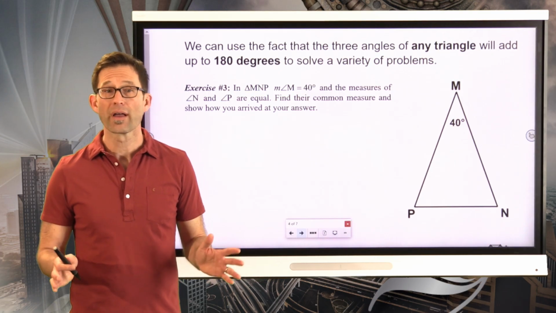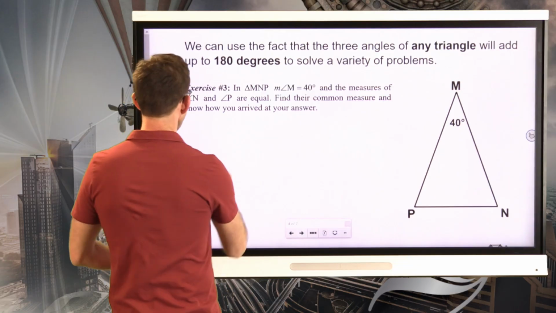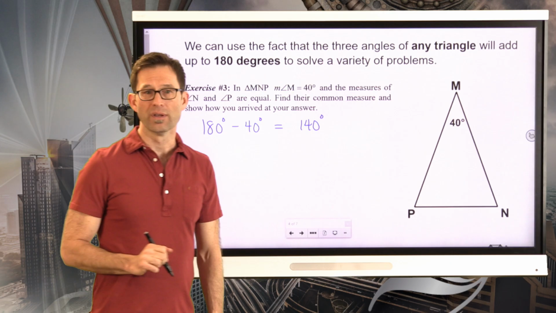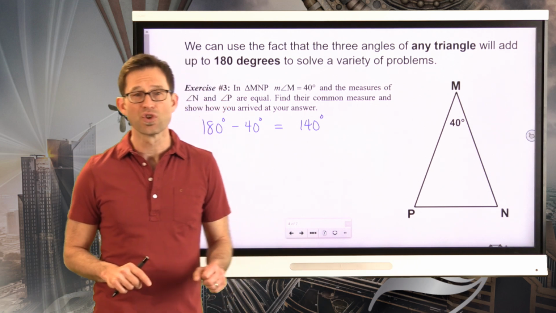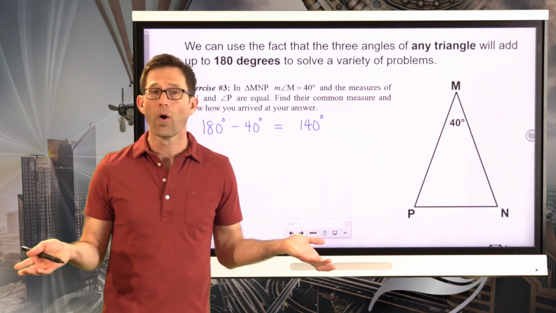Well, in a triangle, I only have 180 degrees to play around with. So the first thing I might do is take that 180 degrees and subtract off the angle I know, which leaves me with 140 degrees. Now that 140 degrees must be split up amongst the 2 other angles. If I didn't know that they were equal, then all bets would be off.